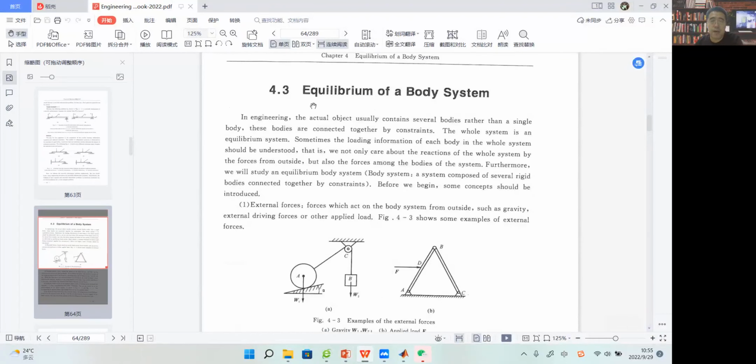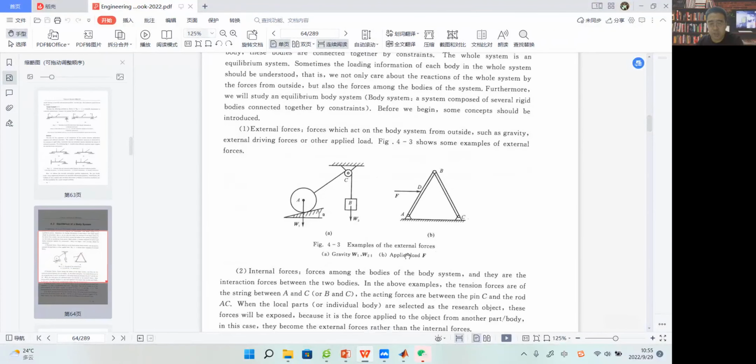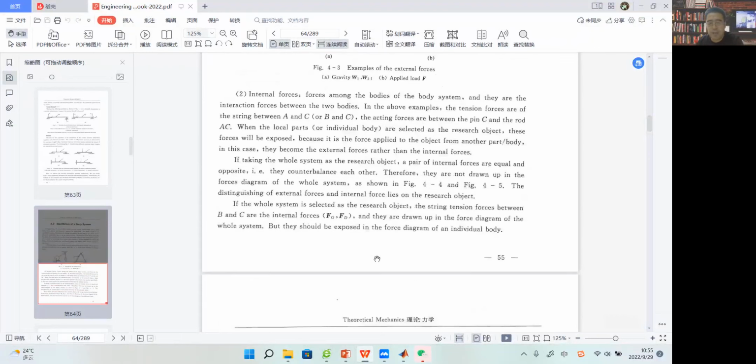And actually, we are talking about equilibrium of a body system. That means the whole system will be constituted by several bodies, right? More like this and this.